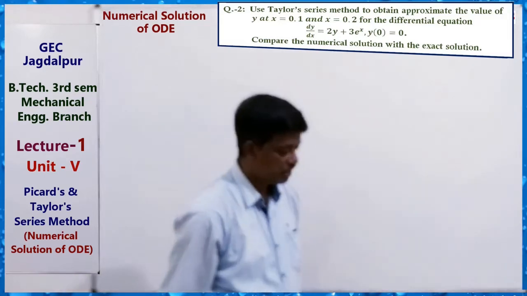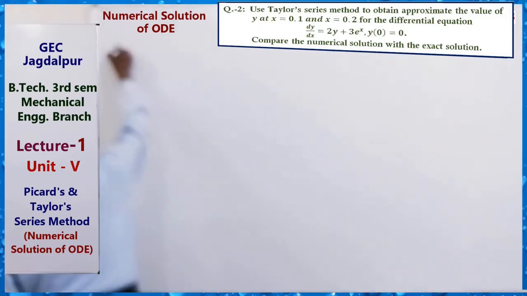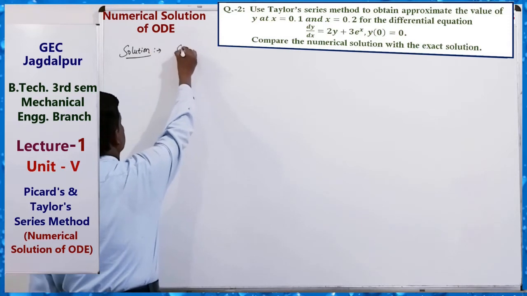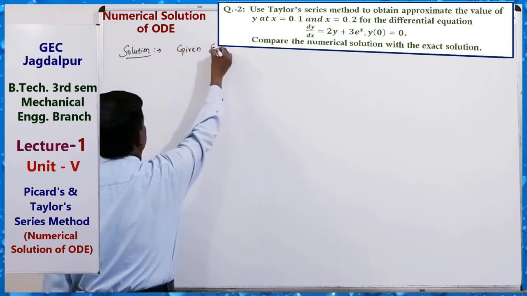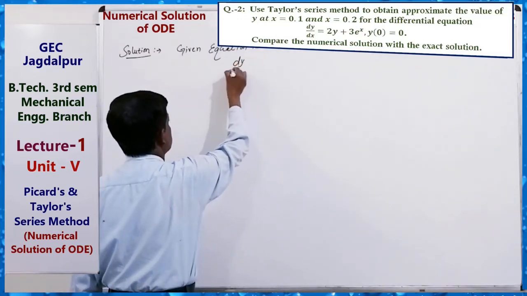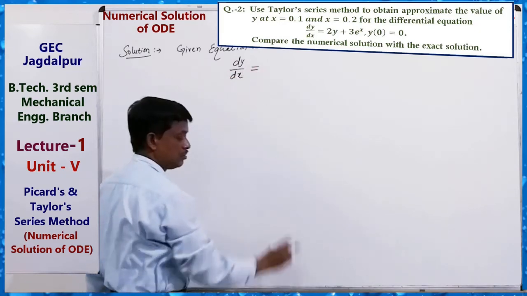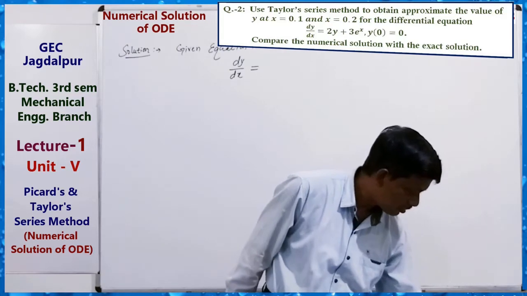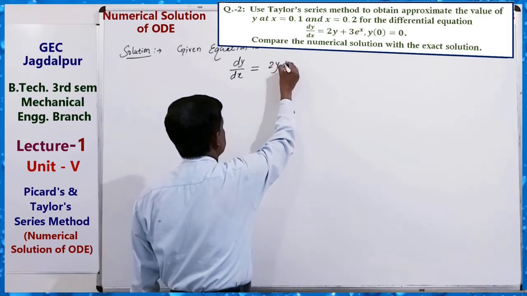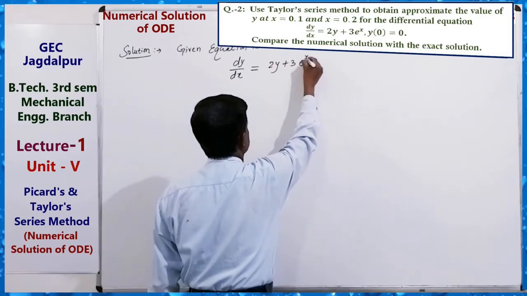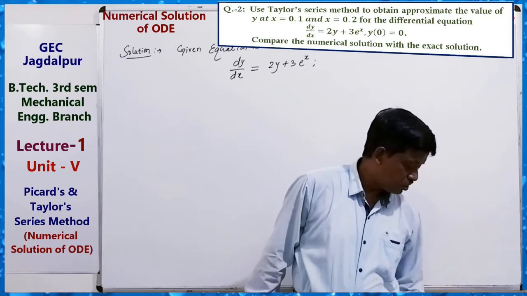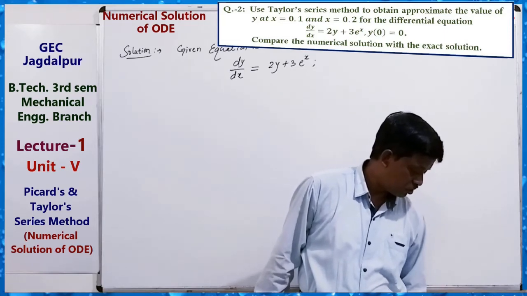Just the same type of question. Solution: the given equation is dy upon dx equals 2y plus 3 e to the power x, and the condition is y(0) equals 0.